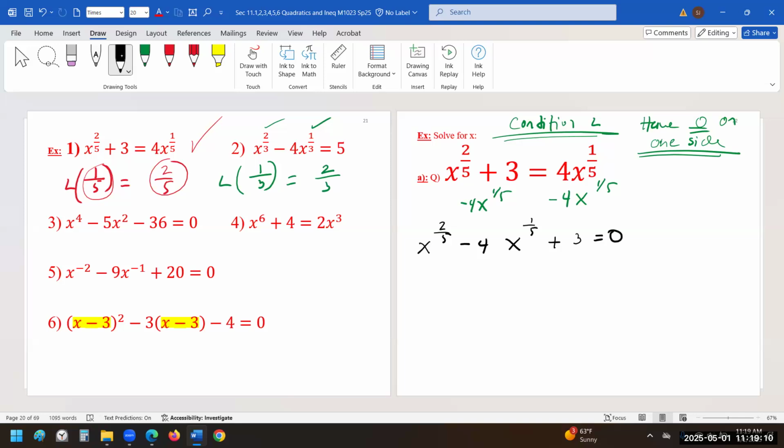So we have 3 terms, and if you multiply 1/5 by 2, we get 2/5. So it follows the quadratic format.